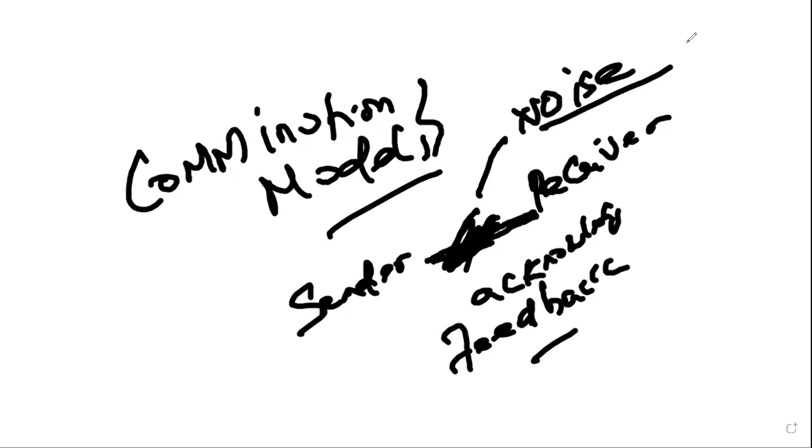The receiver is not able to understand the message, or the sender is not able to formulate his message well, and the receiver is not able to understand the format of the message. So something is coming as a disruption, an interruption. We're going to call this interruption noise. The noise can be an original noise.